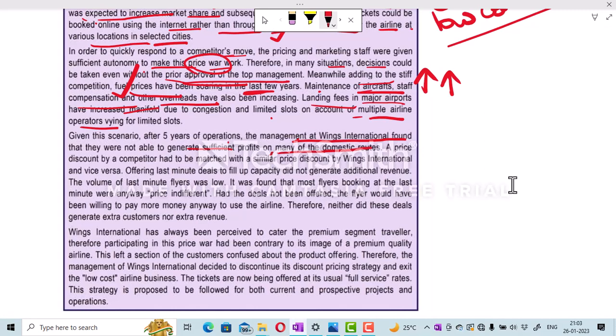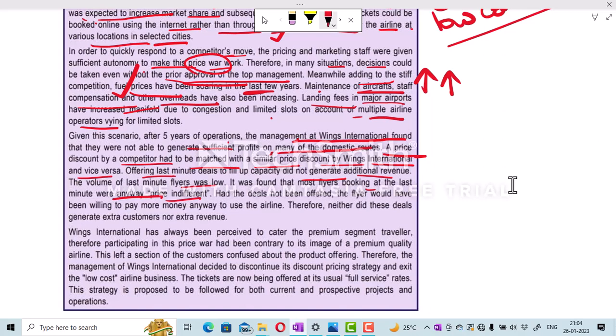A price discount by a competitor had to be matched with a similar price discount by Wings International and vice versa. Offering last minute deals to fill up the capacity did not generate additional revenue. The volume of last minute flyers is low. It was found that most flyers booking at the last minute were anyway price indifferent, meaning they are able to pay any cost.